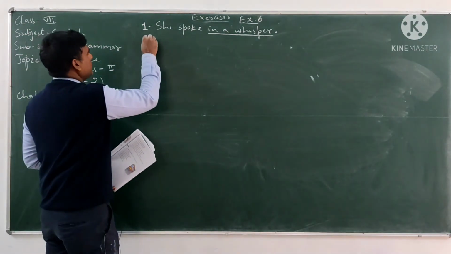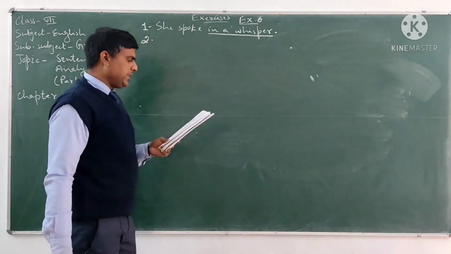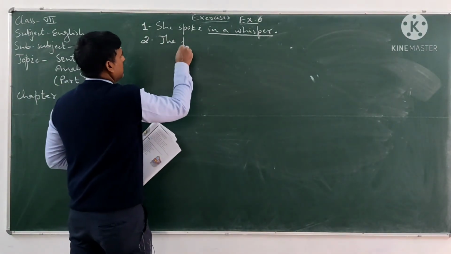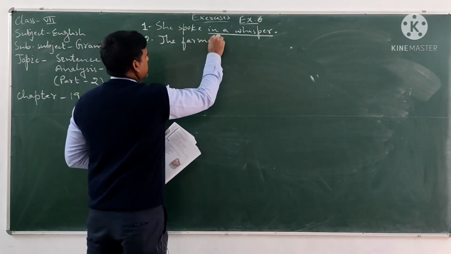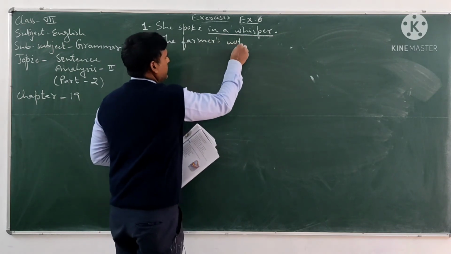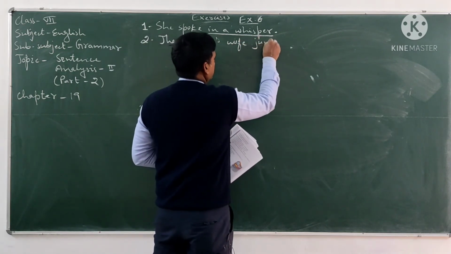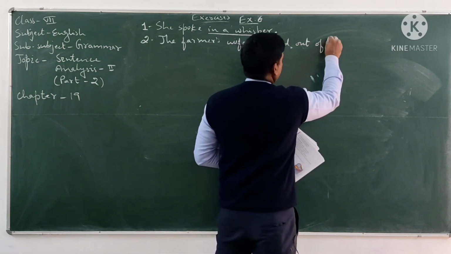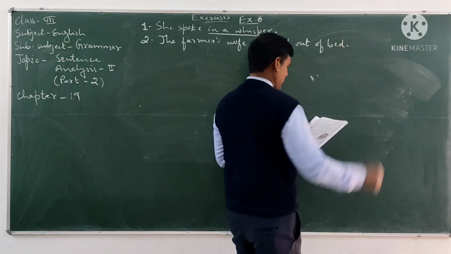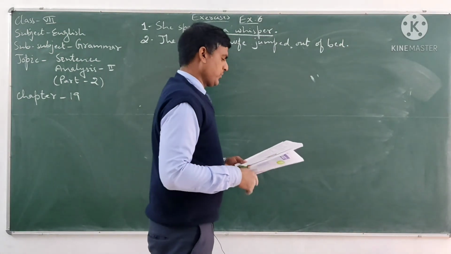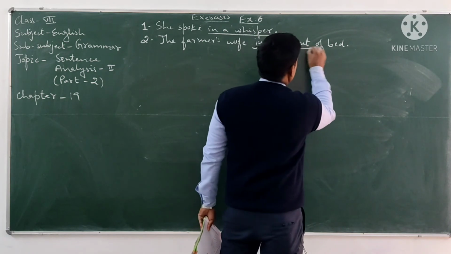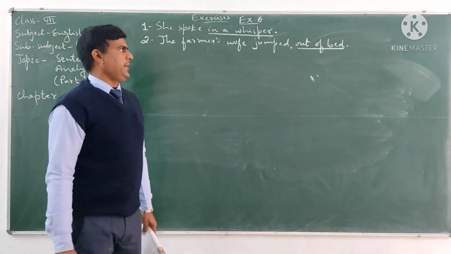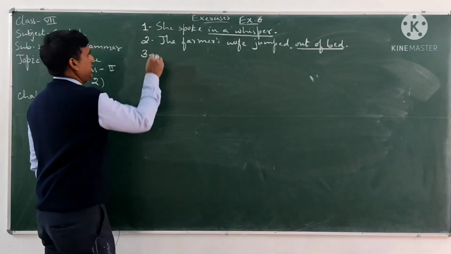Now see sentence number 2. Sentence number 2 is the farmer's wife jumped out of bed. In this sentence, out of bed is the extension of predicate.